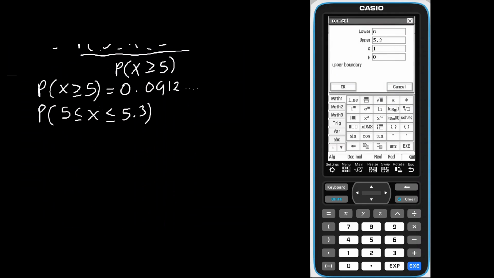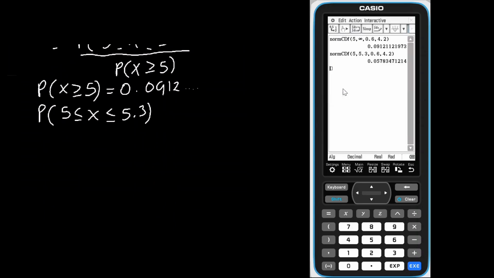And then we say that is 0.6 for our standard deviation and 4.2 there. That gives us a slightly lower number of 0.0578.